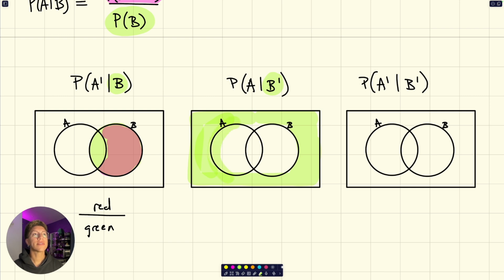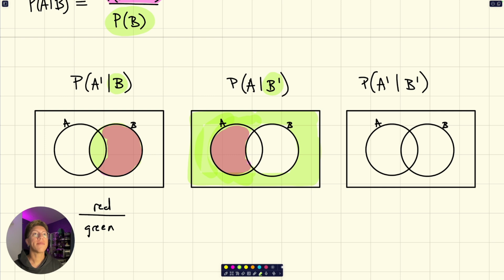So that should also include that. So we can see for this one, A occurs just in this portion of the green area. So again, if our diagram had numbers, we take the numbers for the green area, that would go on the bottom. And then our red, pink area, that's going to be our numerator, and that would give us our total probability. All right, one more.